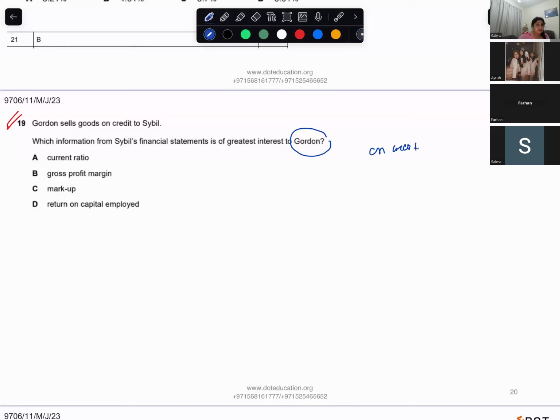So if she's selling on credit, what does she need to know? The liquidity of the other person's business. She needs to know the ability to pay. So for ability to pay, it is the current ratio.